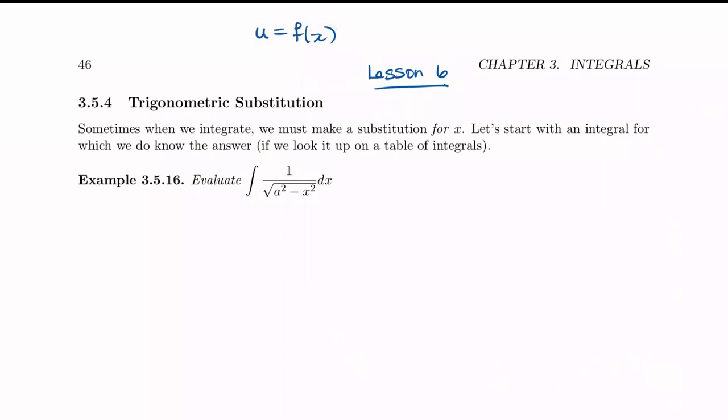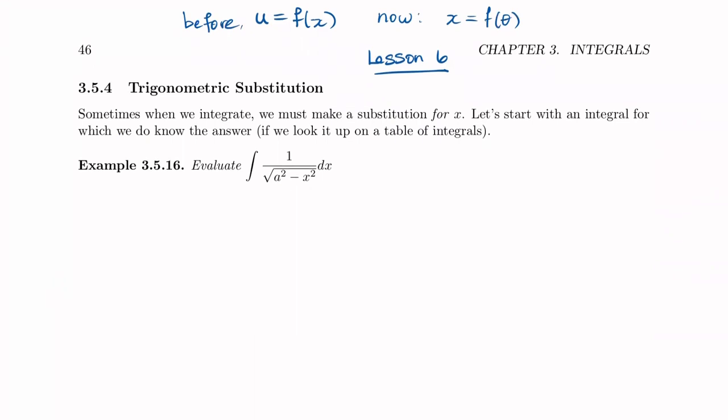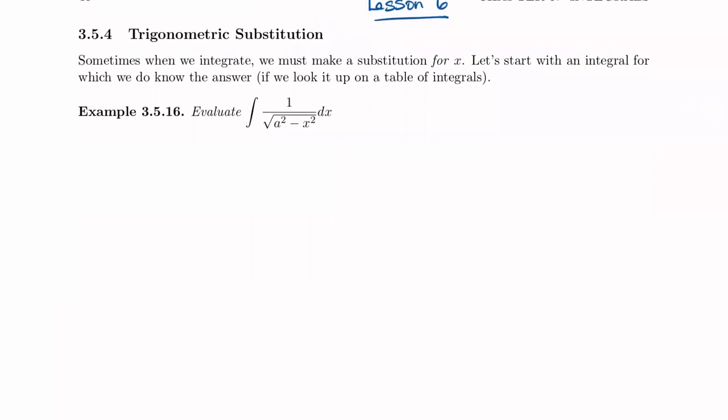But now what we want to do is substitute for an x value such that we get a function of f theta, where theta is going to be the angle. So let's start with an integral for which we do not know the answer just yet.